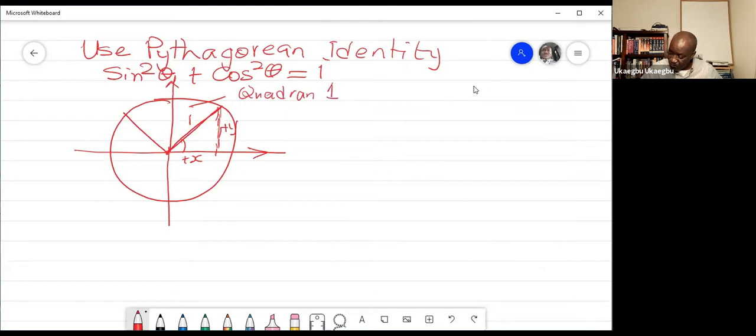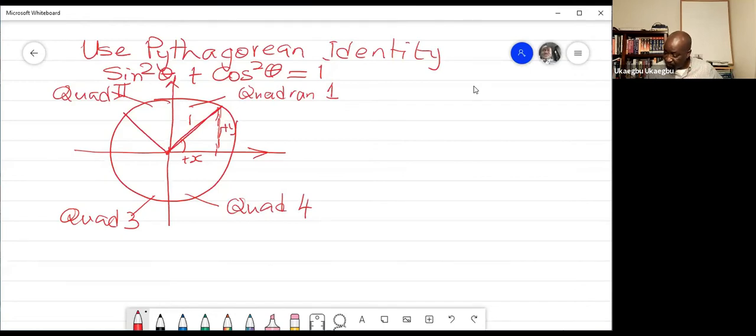This is the second quadrant. You can call it quad 2. And this is the third quadrant, quad 3, and this is the fourth quadrant, quad 4. Now in each of these quadrants, the trig ratios could either be positive or negative.